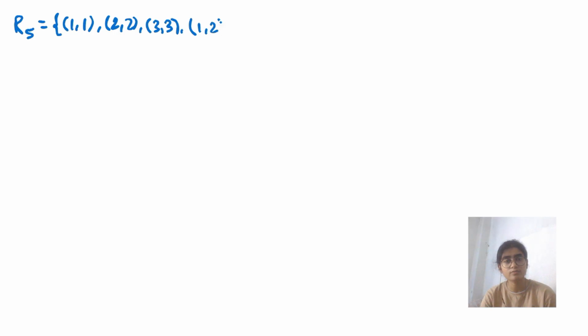Now let's see our next example, relation R5. So we can write here (1, 1), (2, 2), (3, 3), and (1, 2), (1, 3), (2, 1), and (3, 1).